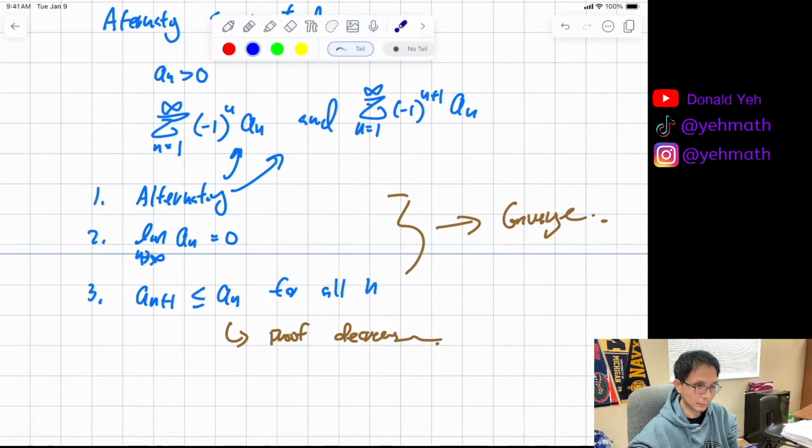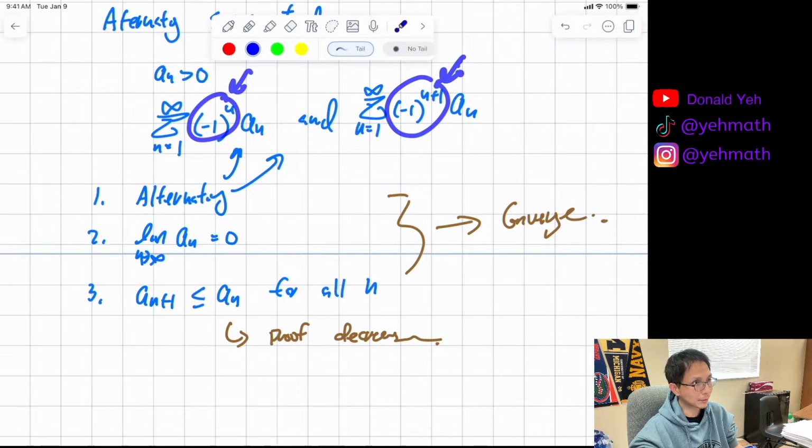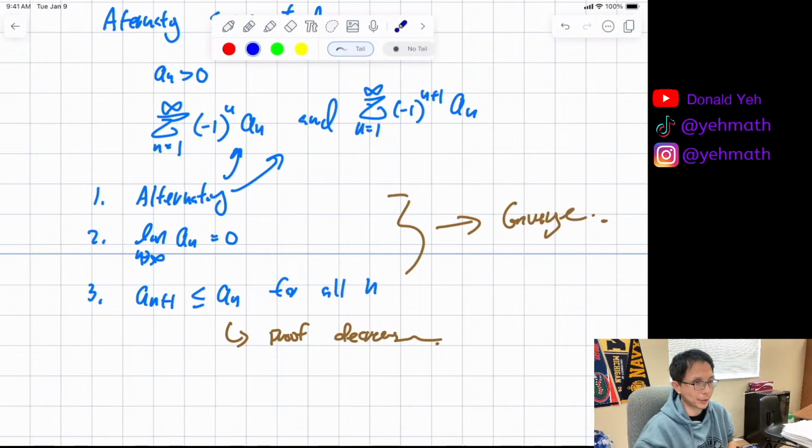What's the difference between those two? It's your first term. Think about your first term. For this one, n equal to 1 is going to be negative, so your first term is negative. This one, your first term is positive. It's the same, it just depends on what the first term is. It's like shifting sine and cosine.